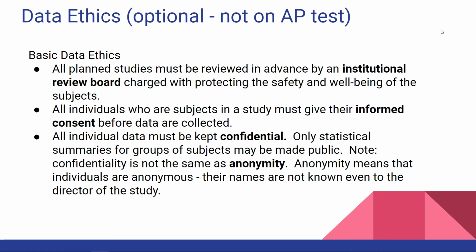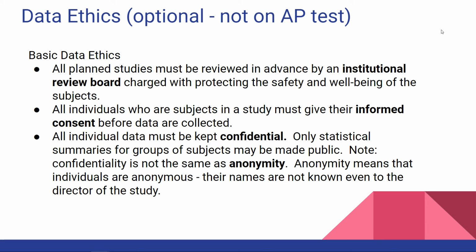After they determined that none of the questions I was asking and none of the information that I was gathering was going to be harmful to any of the subjects, I then created a survey in which the very first thing they had to do was to sign an informed consent. I had to tell them exactly what the survey was about and exactly what the data was going to be used for, and also assure them that their information would be kept confidential.